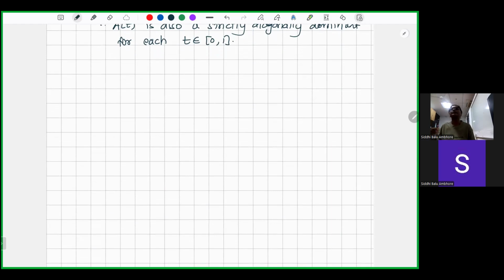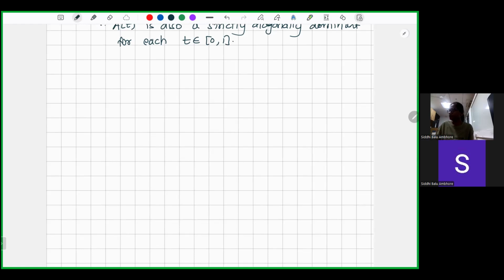This inequality remains strict for every t in [0, 1] because D at 0 is a diagonal matrix, which is diagonally dominant, and at t equal to 1 we have A, which is anyway diagonally dominant from the given condition.